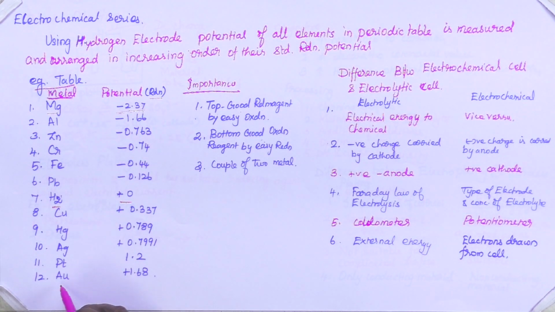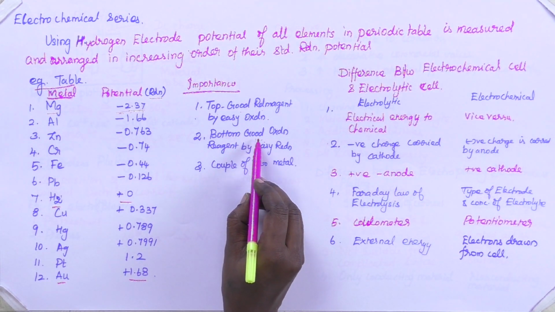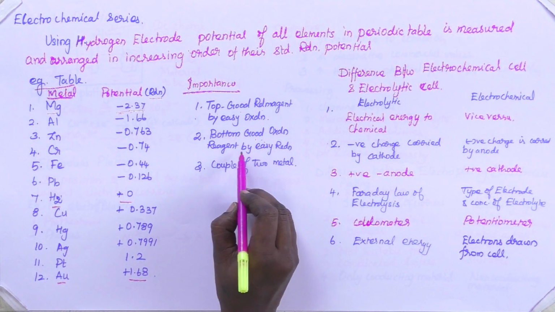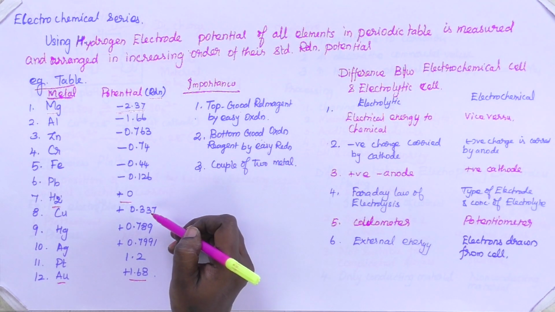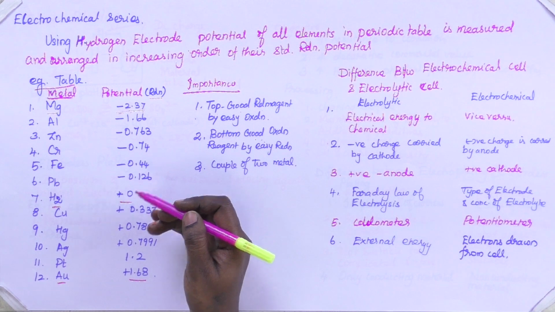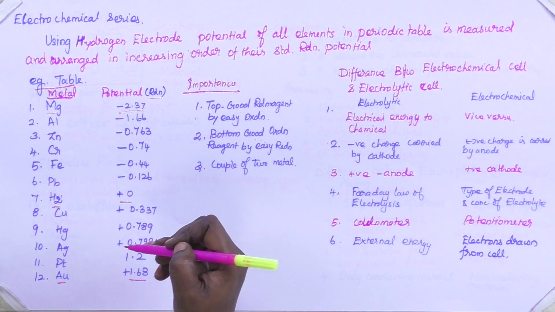While gold at the bottom has a more positive reduction potential, which favors reduction, so it can act as an easy oxidizing agent. The bottom is good as an oxidizing reagent by easy reduction. So we can understand which metal is a good reducing agent and which is a good oxidizing agent.